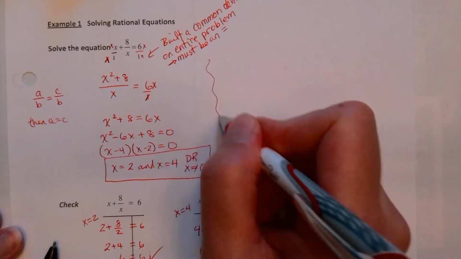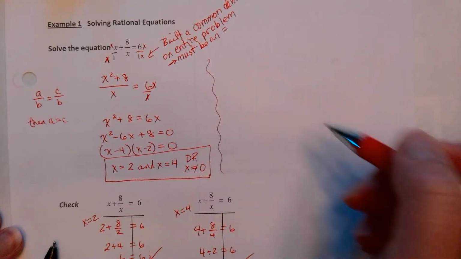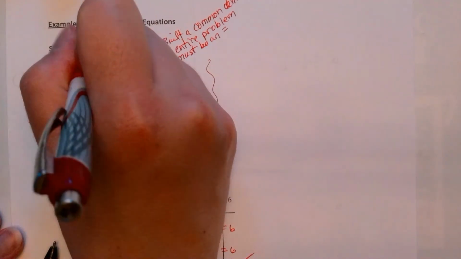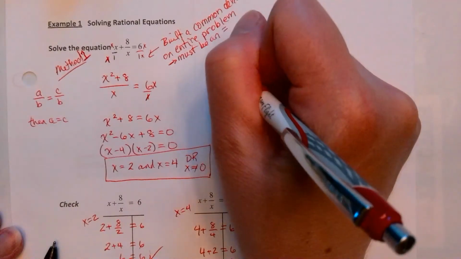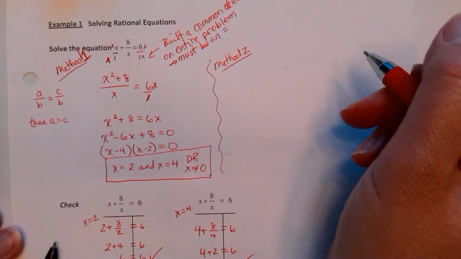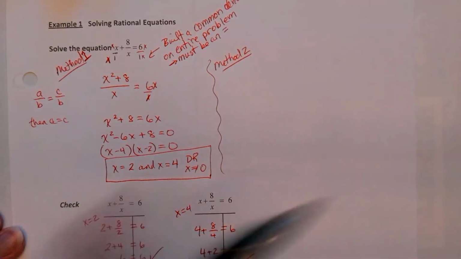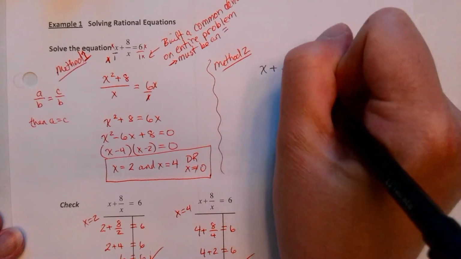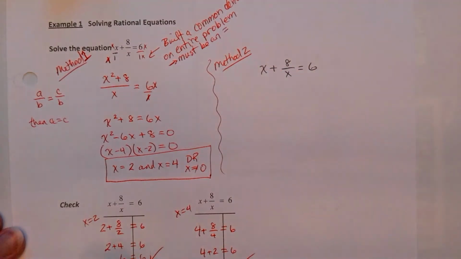Now, the other theory of doing this, so this is like method 1. So this is fine, you can stick with this. The other method you're going to see out there is definitely a shortcut, and it's great if you can do it. So I'm going to go back to that original problem of x plus 8 over x equals 6. And so what I want to do is look and say, what would be my common denominator?